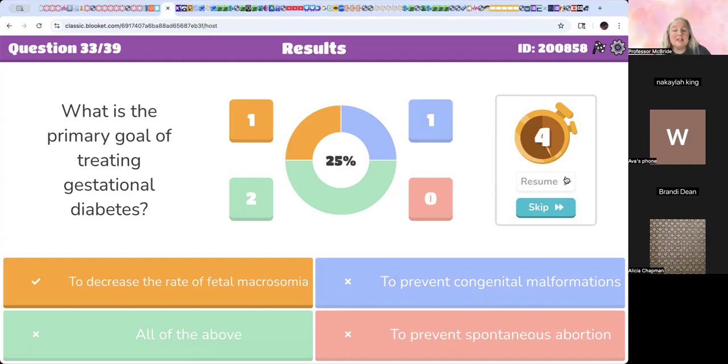Congenital malformations and spontaneous abortion happen before a patient with gestational diabetes is diabetic. So these are things that could happen for a patient who has poor glycemic control and pre-gestational diabetes. It's important to be able to differentiate between the two, in that for all diabetics it's important that we have good glycemic control.